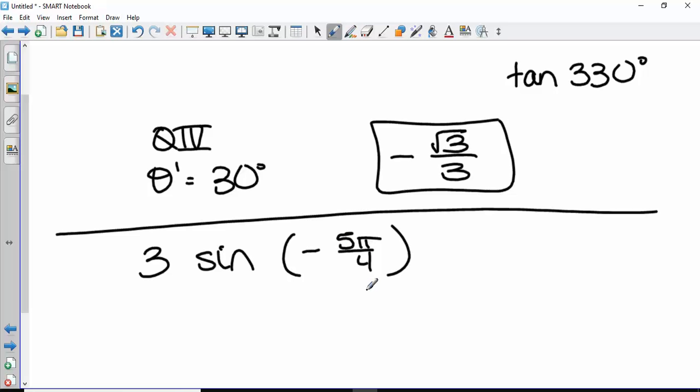So if that angle is negative, what do I need to do? Add 2 pi. So negative 5 over 4 plus 2, that's like 8 pi over 4, so we get 3 pi over 4.